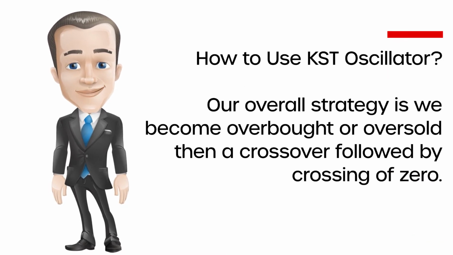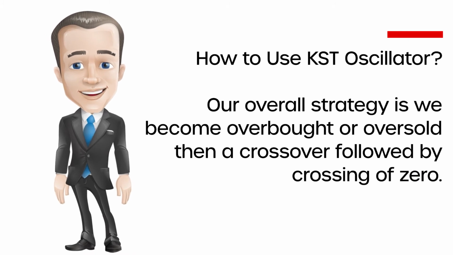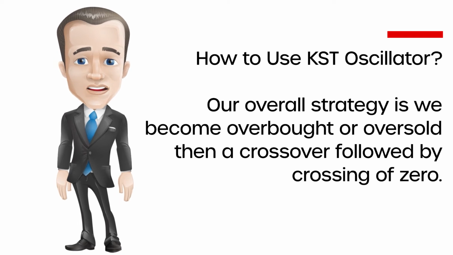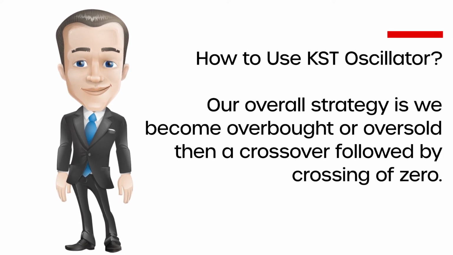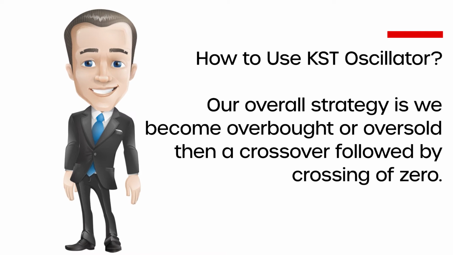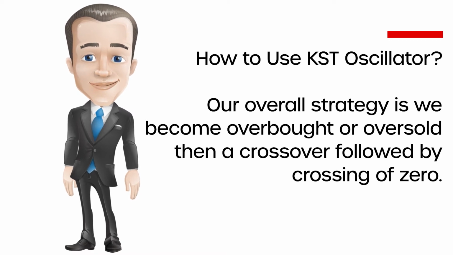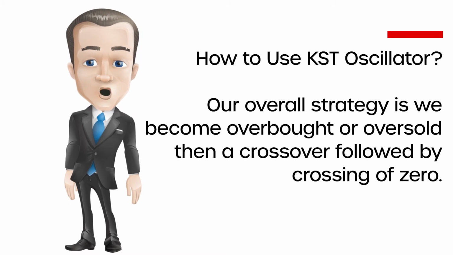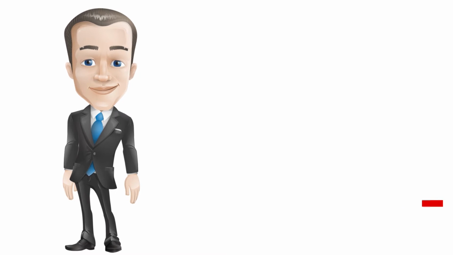How to use the No Sure Thing oscillator. The easiest way we analyze and understand the KST is in steps. Our overall strategy is: we become overbought or oversold, then a crossover, followed by a crossing of zero.